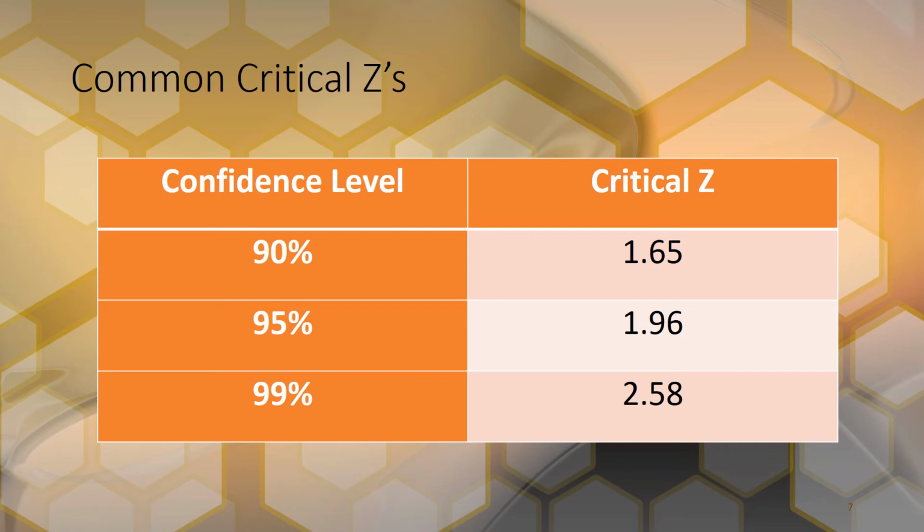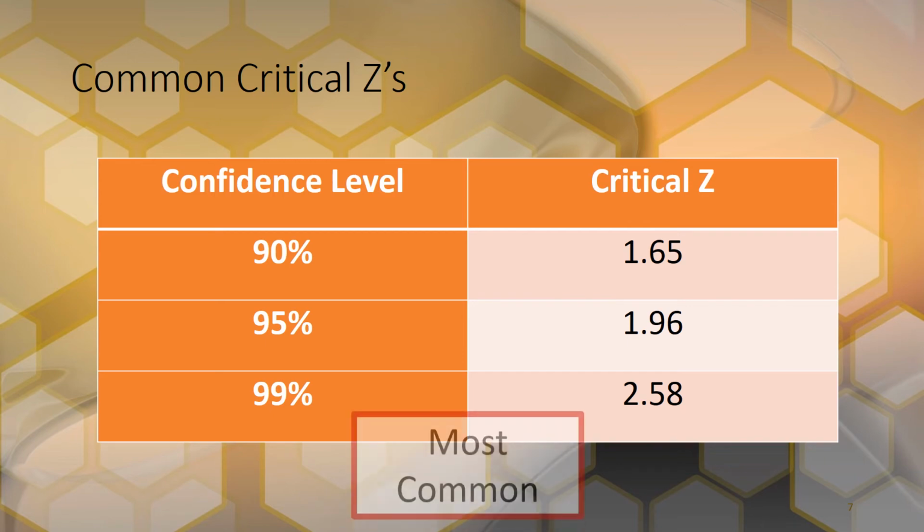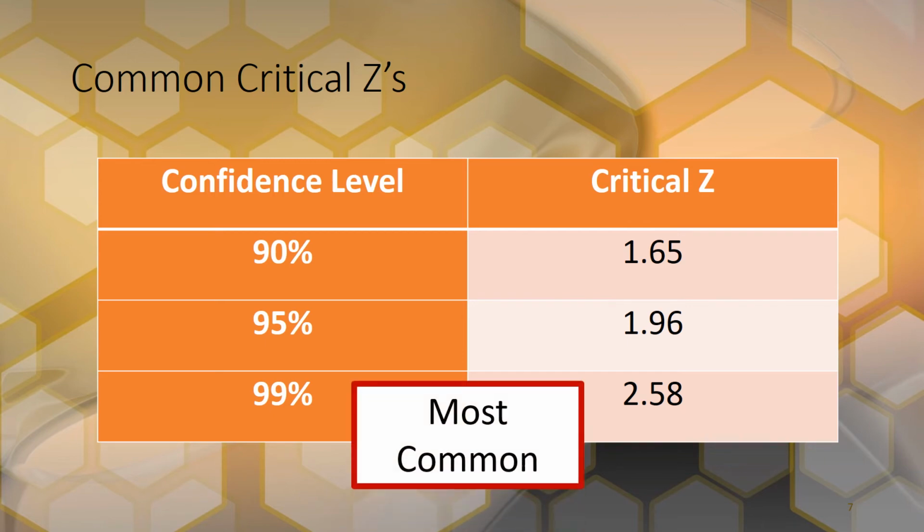If you have a 90% confidence level, you're going to have a critical Z of 1.65. If you have a 95% confidence level, you're going to have a critical Z of 1.96. And if you have a confidence level of 99%, you're going to have a critical Z of 2.58. These are the most common.